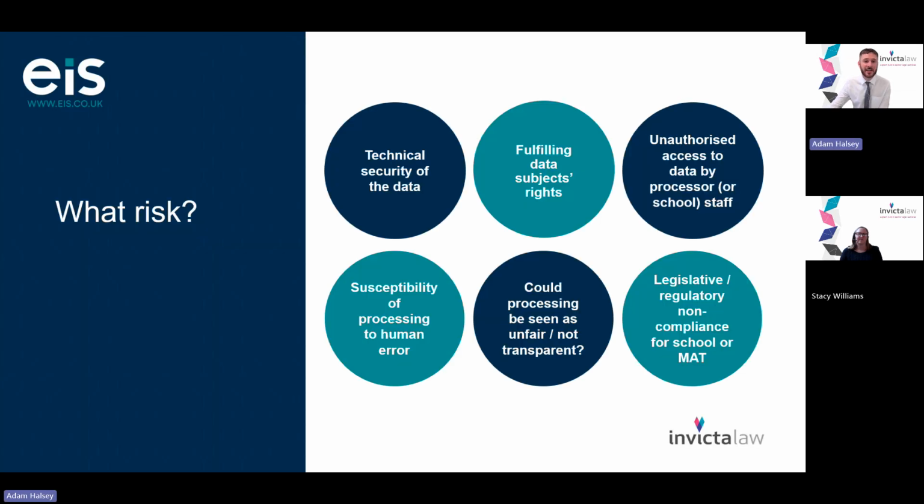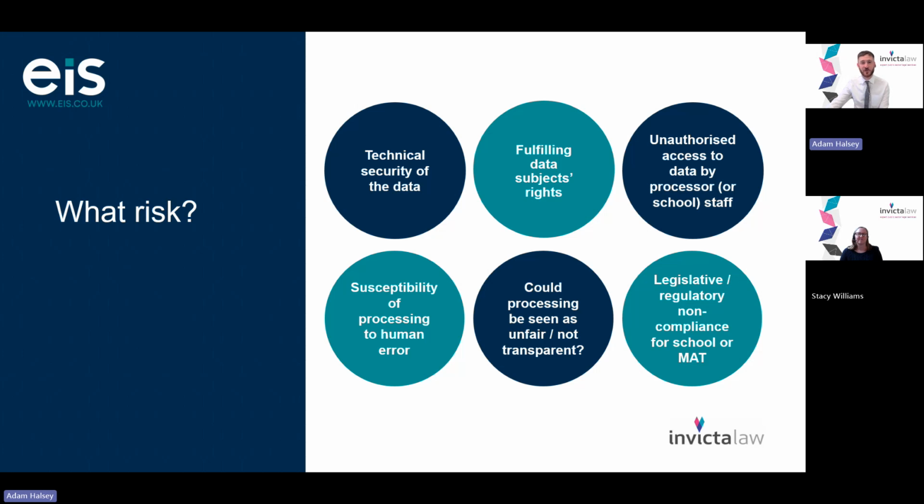Well, what we have here is a number of examples of the kind of risk that you might be thinking about in terms of many types of data processing within your schools, but absolutely including this example of the AI-based revision app that we're going through here. So I won't go through them all, but you see them on your screen there. Technical security of the data, the risk that a system that we're using suffers some form of security breach.